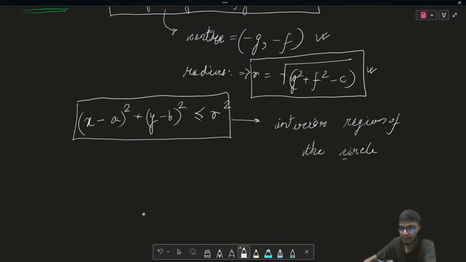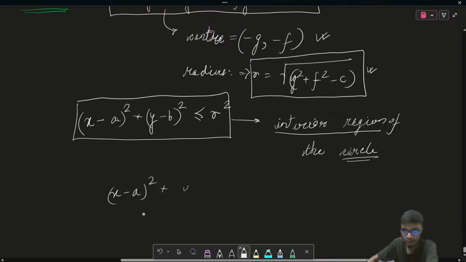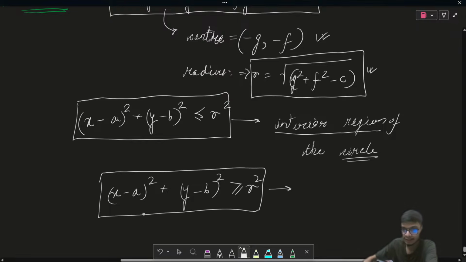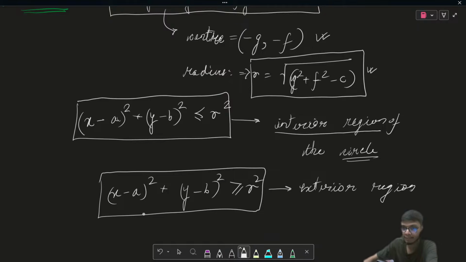So this inequality represents the interior region of the circle, and similarly, if I have (x minus a) whole square plus (y minus b) whole square greater than or equal to r square, this is the exterior region of the circle. So this denotes the exterior region of the circle. All right, so I hope this is clear.